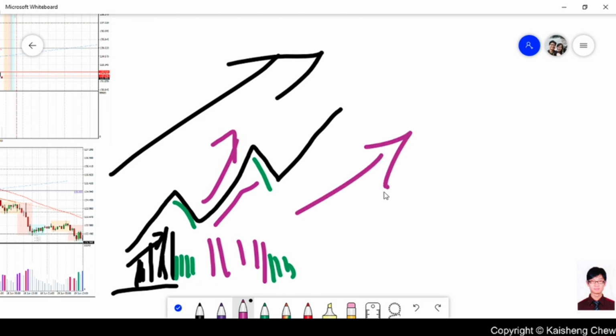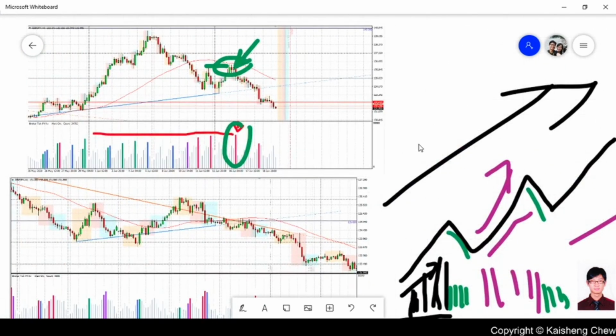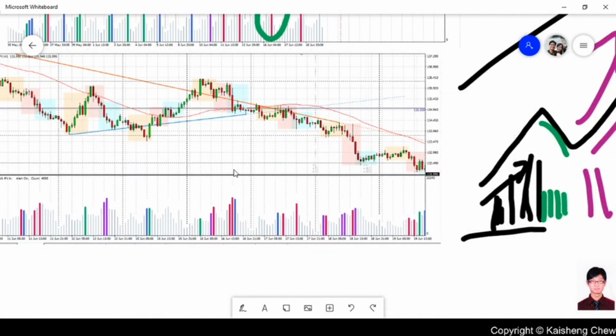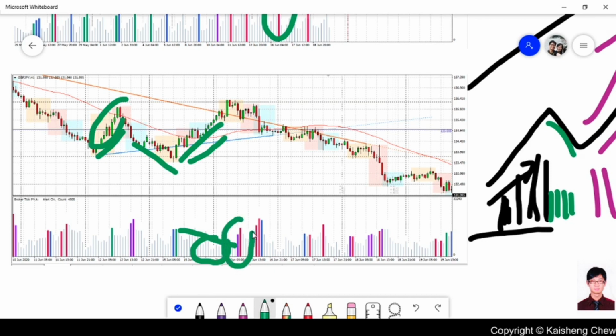Okay, the upward movement. From there, we want to see that our pullback is a little bit weak. From the price you may be unable to see it, because the bar sometimes will still be strong. You can see this one's still strong, then coming down, this one's still strong. But you can identify over here, when your price is moving upward, your volume actually slows down until you see the red bar spike up.